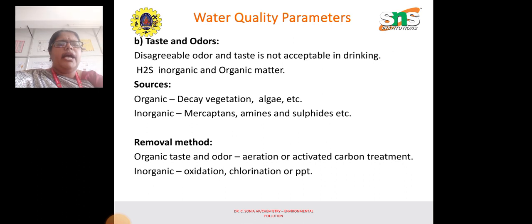Organic taste and odor are removed by aeration or activated carbon treatment. In the aeration method, fresh air is continuously passed into the water so that the odor is removed. In activated carbon treatment, the water is treated with activated carbon, which adsorbs all the chemicals present. Inorganic taste and odor are removed by oxidation, chlorination or precipitation.